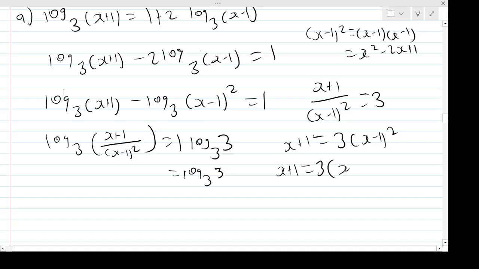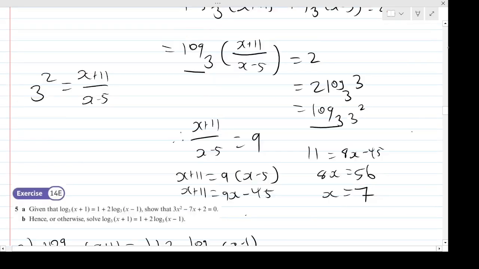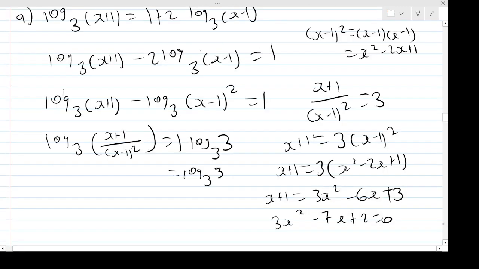So then x plus 1 is 3x squared, take away 6x plus 3. And if I move the x plus 1 to the other side, subtracting it, I get 3x squared, take away 7x plus 2 equal to 0. And what do you know? That's the quadratic I end up with. Cool. There we are. I'm on the right track.